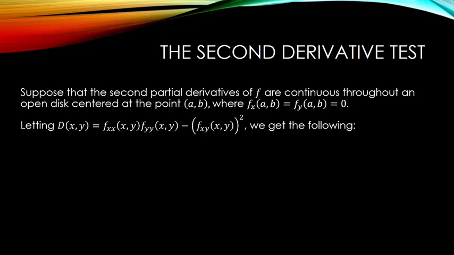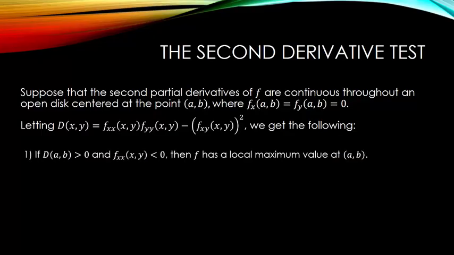Then if I let D(x, y) equal fxx(x, y) times fyy(x, y) minus fxy(x, y) squared, we get the following.